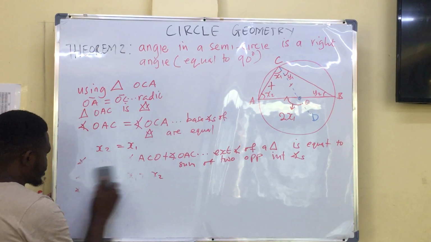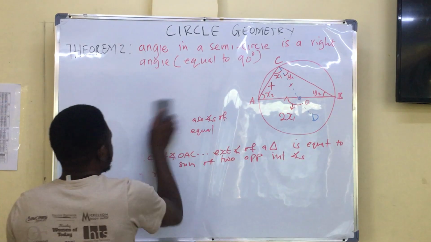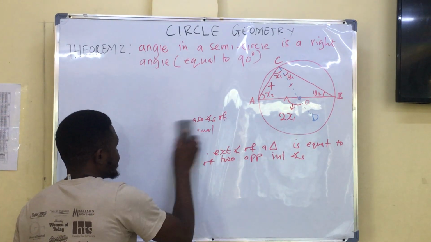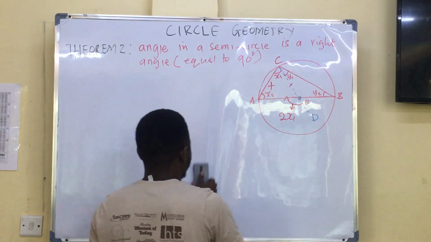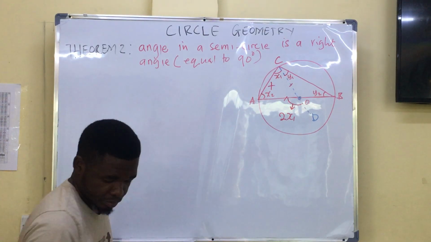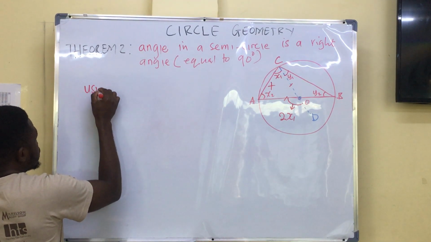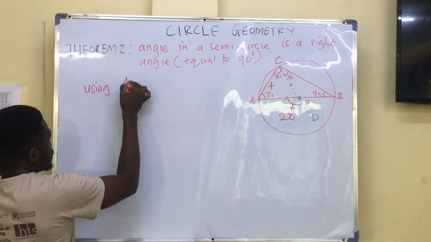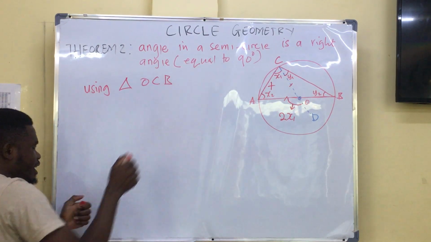Fine. Now, using a triangle OCB, that side now, right?